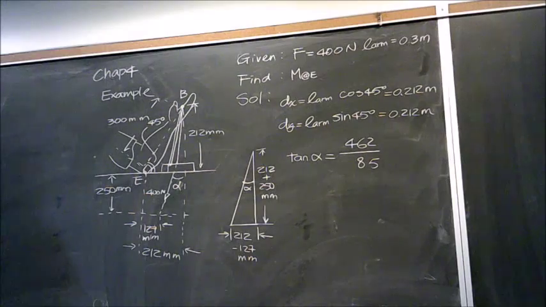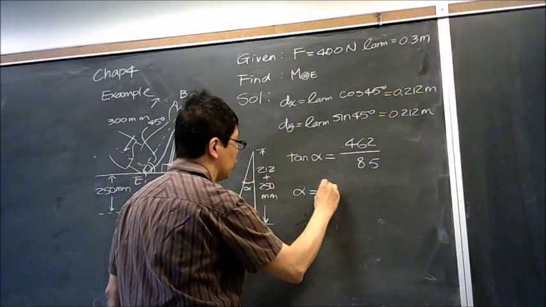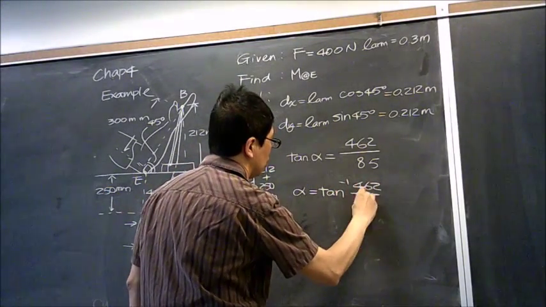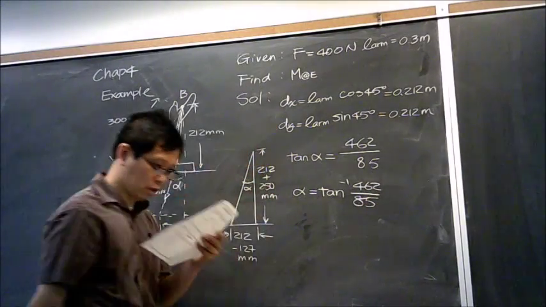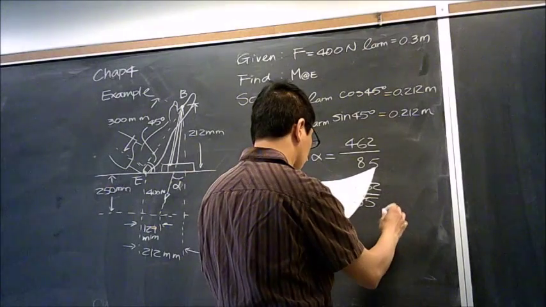Does it make sense to everybody? Which means alpha equals to arctangent in this case.